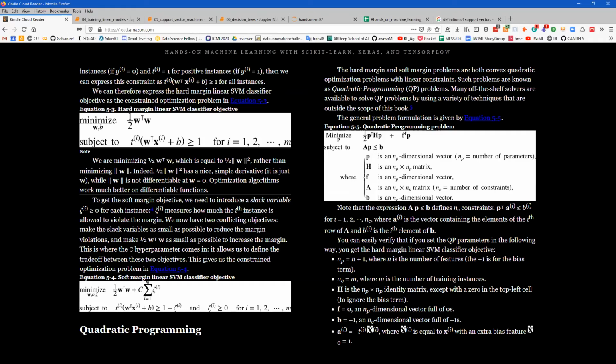Anyone else have any questions? C is a multiplier of the slack variables, which it seems like if you make C large, that means you're penalizing margin violations. But that's the opposite of how it seems to work.